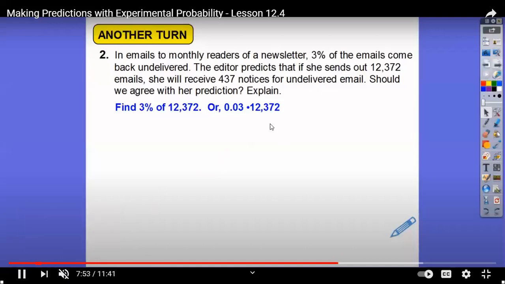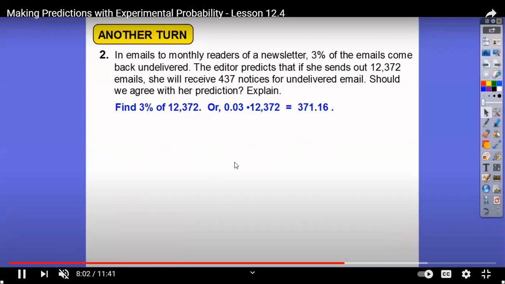Now we want to know 3% of 12,372, or we can change it into a decimal. So the answer will be 371.16, right?